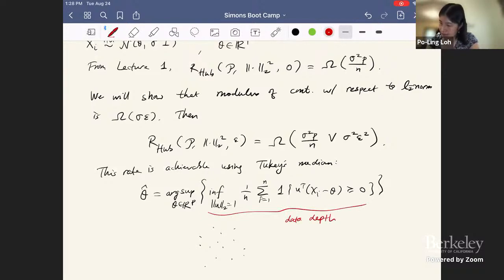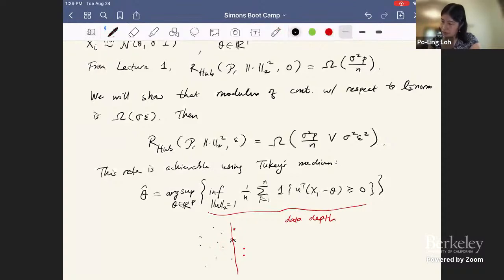If you're trying to figure out the data depth of, let's say, this point, then the depth is measured by looking at a half plane and counting how many points happen to be on one side of it. So that's where you get this infimum over all directions you could project in. This is the data depth. Then we take a supremum over the depths of all of the points, and hopefully that gives us some point that's kind of in the middle.